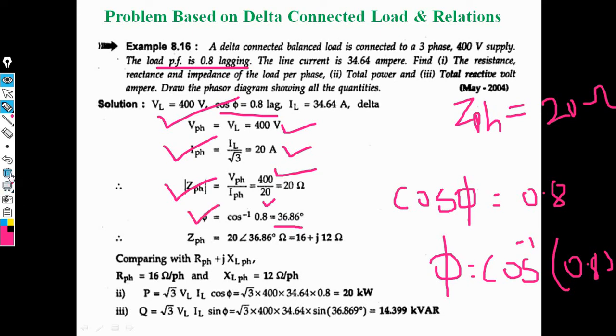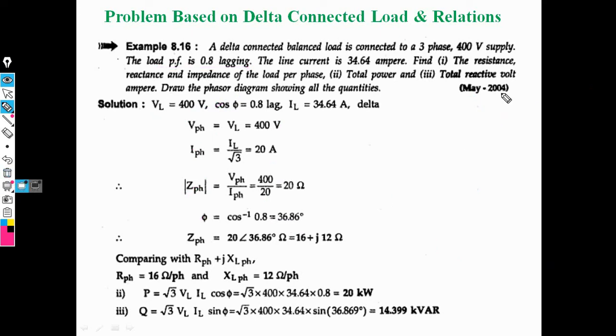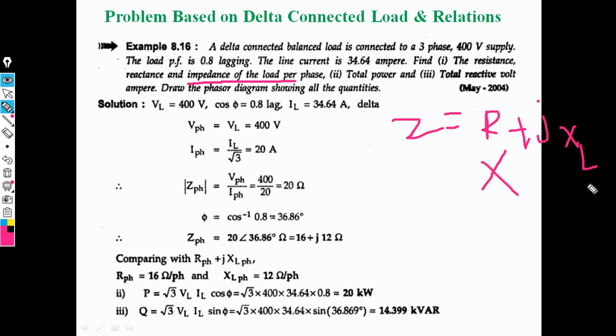But we need the total impedance of the load. Z is equal to R plus jXL, this is the total impedance. But in this problem, resistance and inductance are not given. So we need ZPH in polar form, ZPH angle theta.